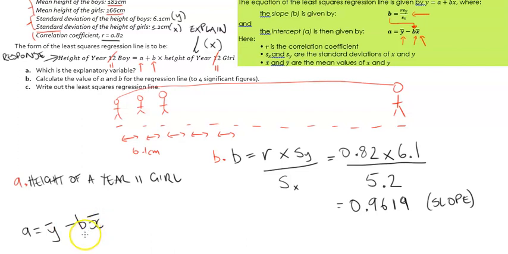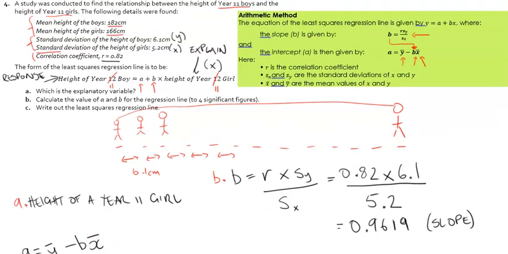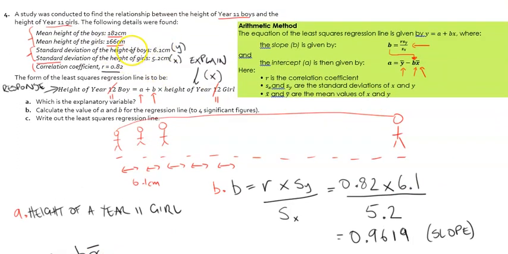Now what is y dash and x dash? Y dash just means the mean of y, and x dash just means the mean of x. We already know what the mean of each of them are. The mean height of the boys is 182, and the boys are the response variable.